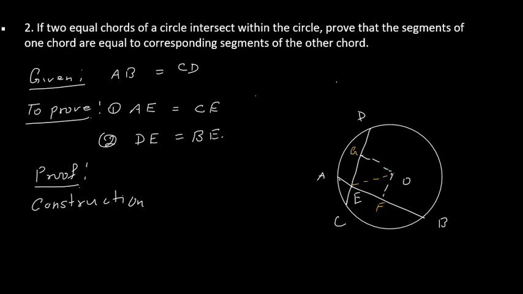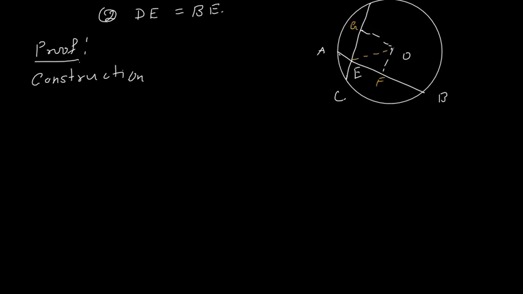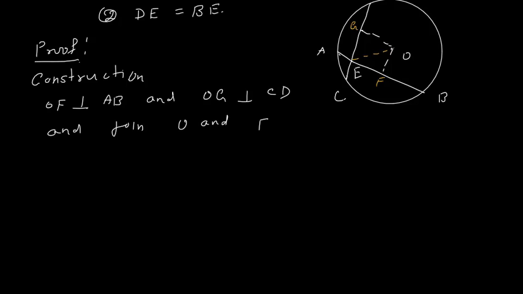Construction: we are drawing OF perpendicular to AB and OG perpendicular to CD, and join O and E, or draw OE. This we have done as construction.